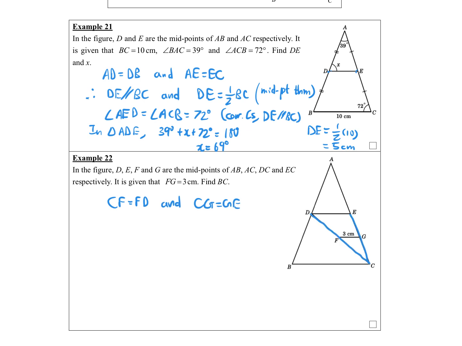We have two midpoints. And if that's the case, then our conclusion is that the two lines are parallel. FG parallel DE. We don't know whether this has to be used, so it's probably good to write that down first. DE equals 2 times of FG, midpoint theorem. You are allowed to write the theorem this way so as to save time. Okay, so DE is 6 cm.